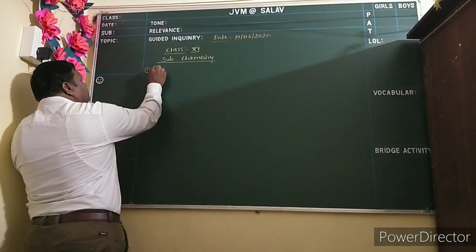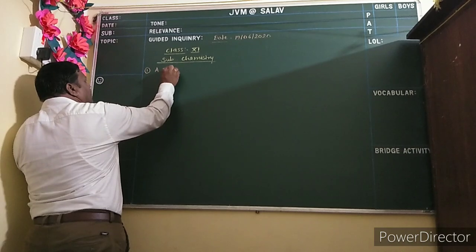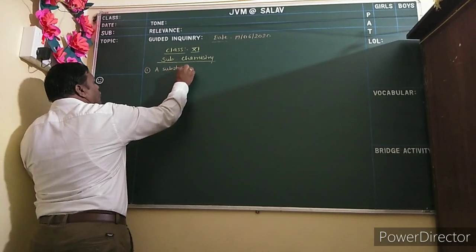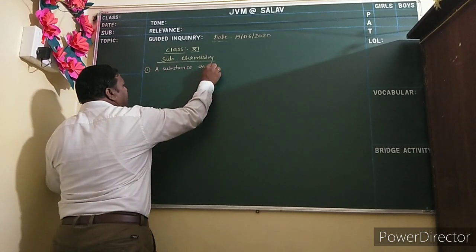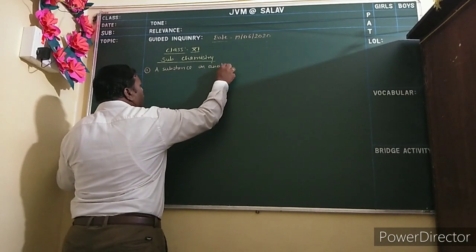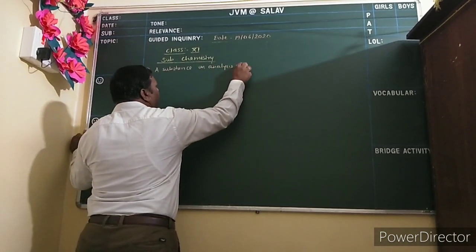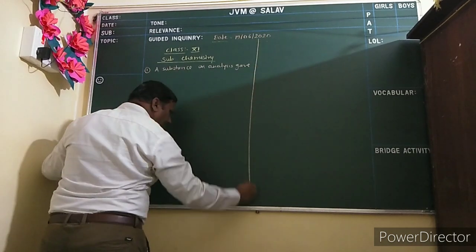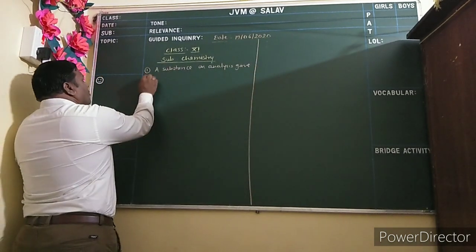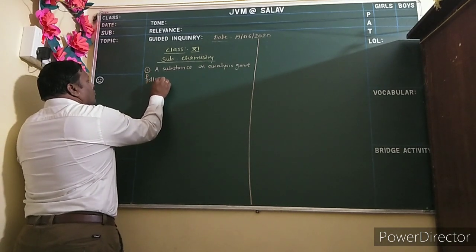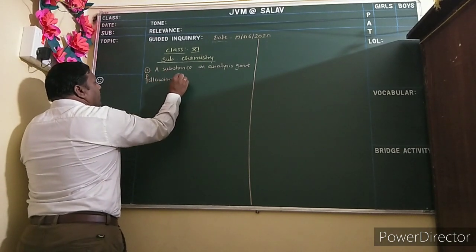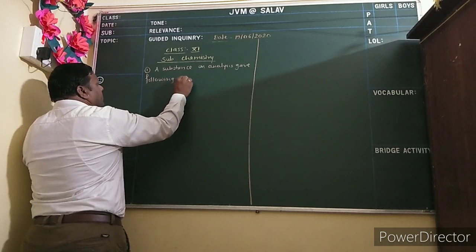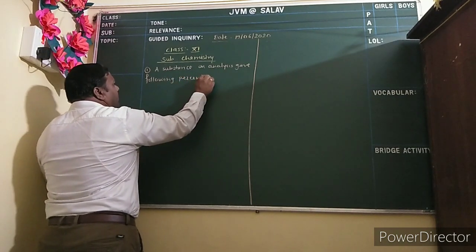Number 1: a substance on analysis gave the following percentage composition.